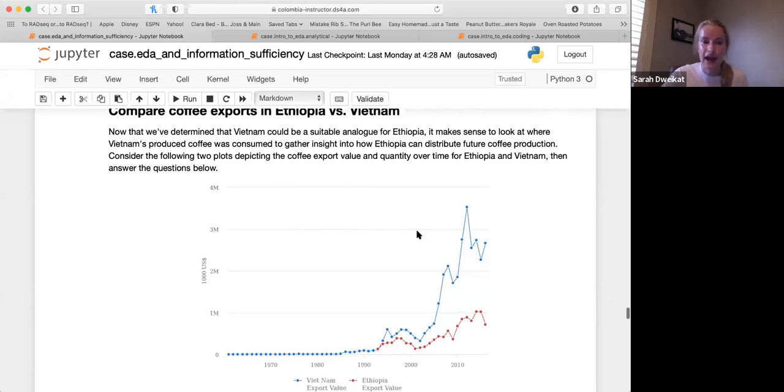So let's look at the money that they've gotten, their export value for Vietnam versus Ethiopia. We saw that Vietnam increased their land and the tons of coffee they were producing, and has that led to an increase in exports compared to Ethiopia?